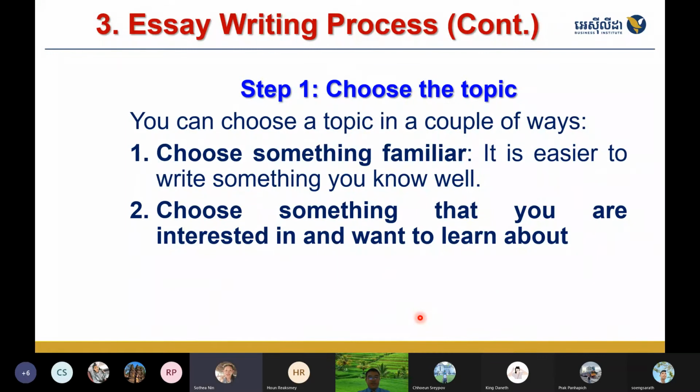1. Choose the topic. You can choose the topic in a couple of ways. 1. Choose something familiar.